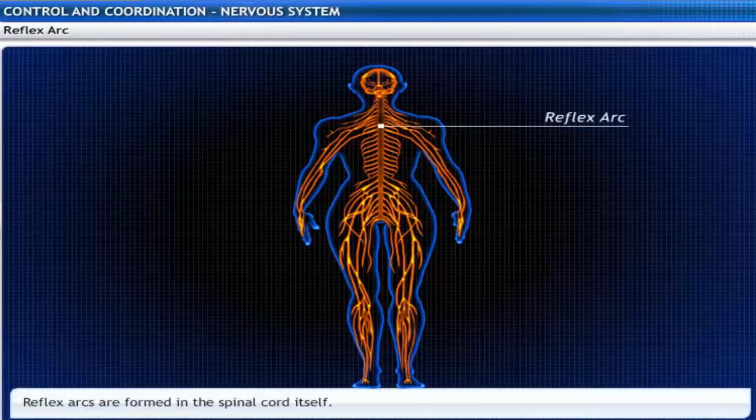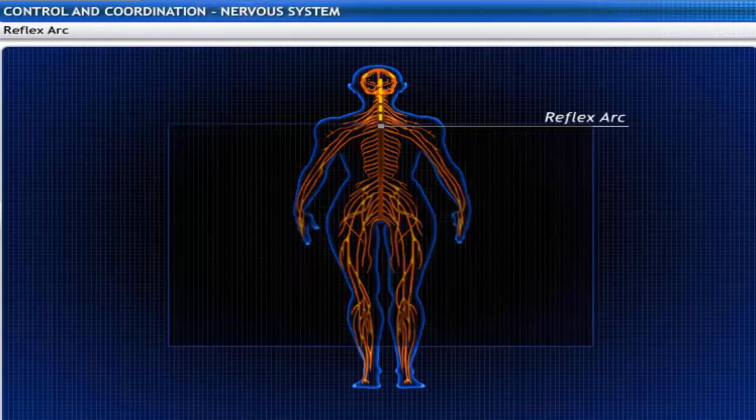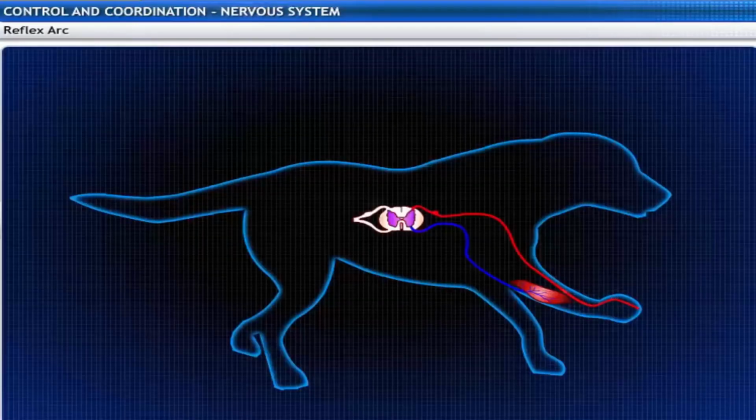Thus, reflex arcs are formed in the spinal cord itself, although the information input goes on to reach the brain. Reflex arcs in animals have evolved because the thinking process of the brain is not fast enough or as evolved to efficiently function for quick responses.